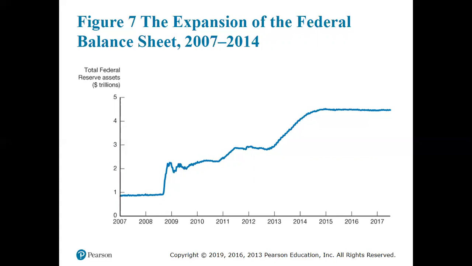We'll talk about even insurance companies, and other non-bank organizations that needed assistance during that crisis period. And so we saw by even the beginning of 2009 that the Federal Reserve assets were up around $2 trillion.